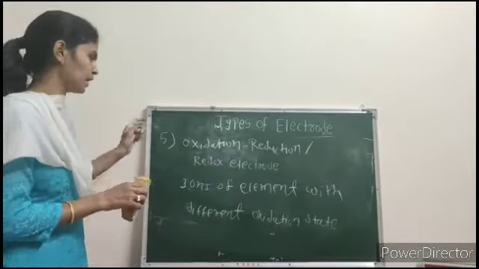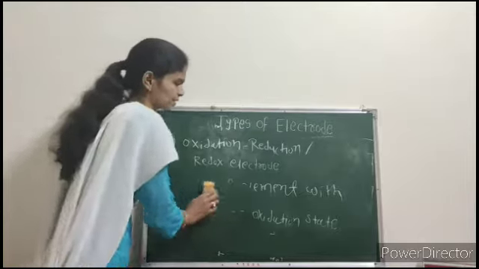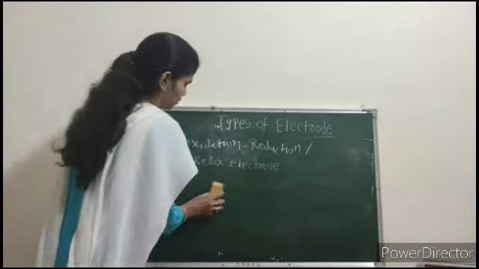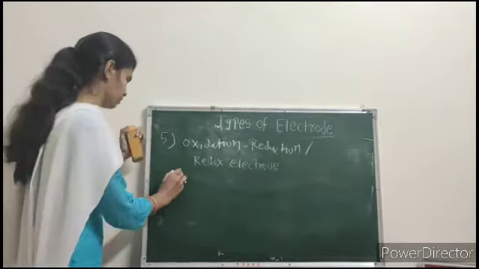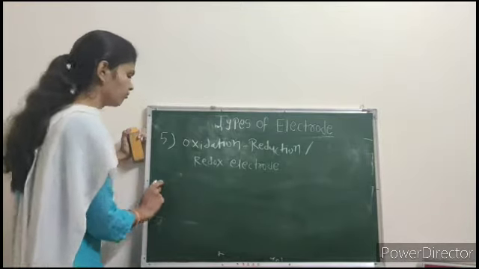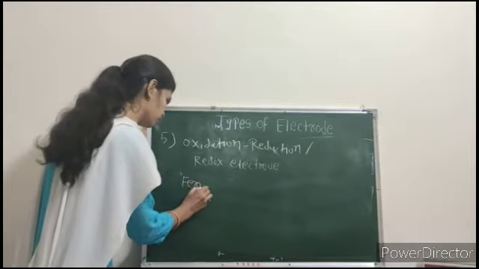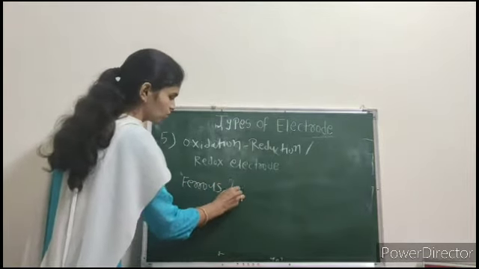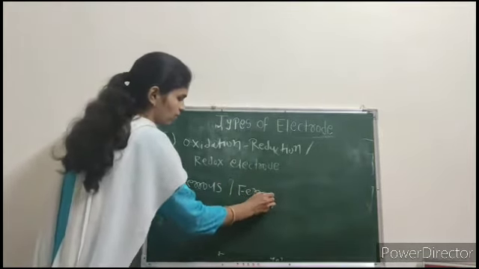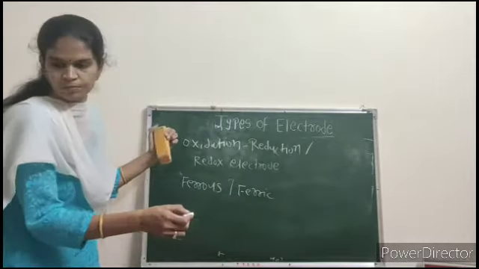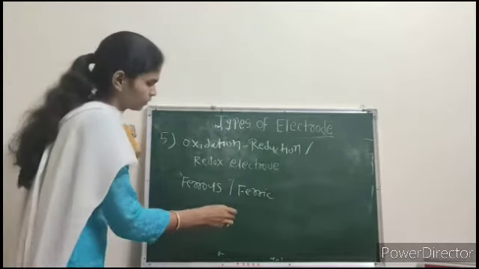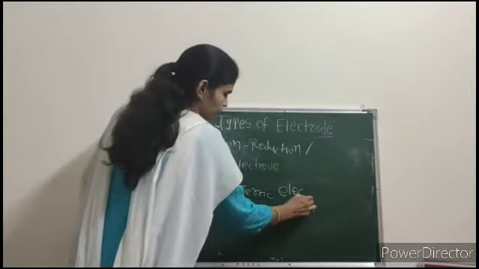Here we write another example of different oxidation states: the ferrous or ferric electrode.